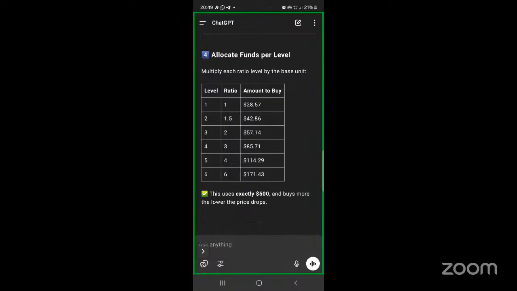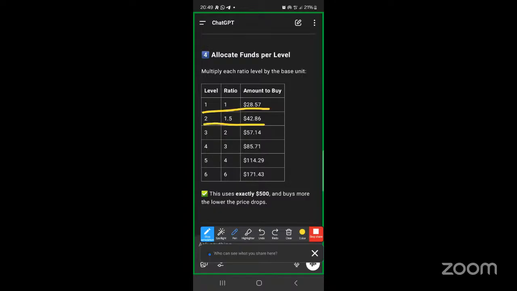And here is a demonstration of how your money will be getting in the market. First buying amount, $28. Second position, $42. Third position, $57. Fourth position, $85. Are you seeing?